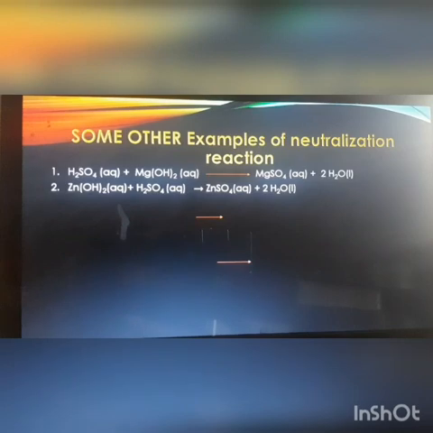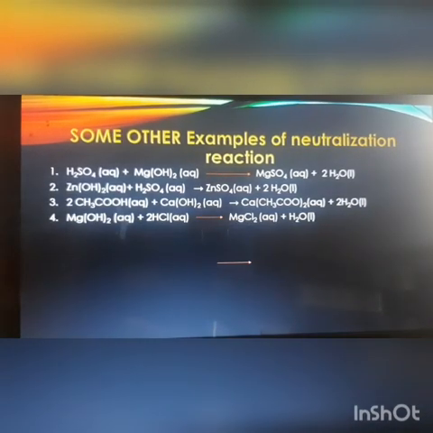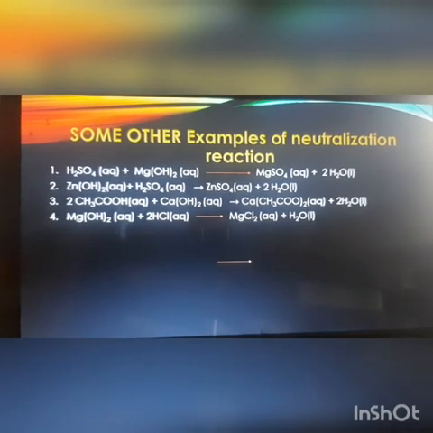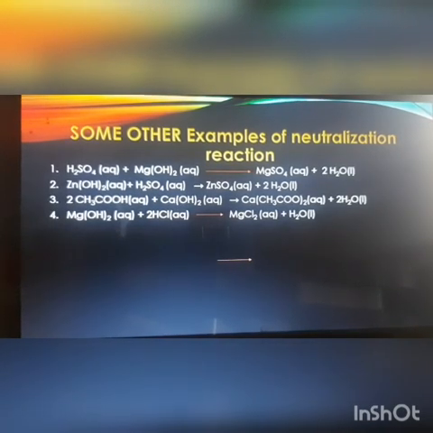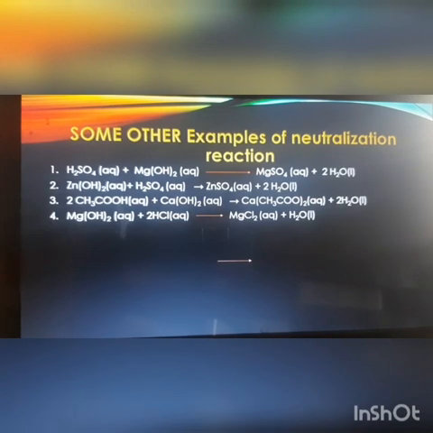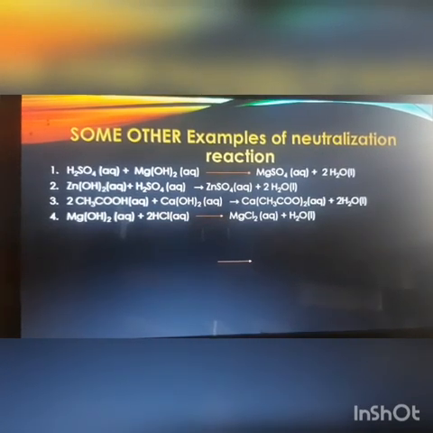Zinc ion goes to the sulfate ion, forming zinc sulfate. Similarly, acetic acid reacts with calcium hydroxide, the calcium ion goes to the acetate ion, forms calcium acetate, and water is formed. Magnesium hydroxide reacts with hydrochloric acid to form magnesium chloride and water.